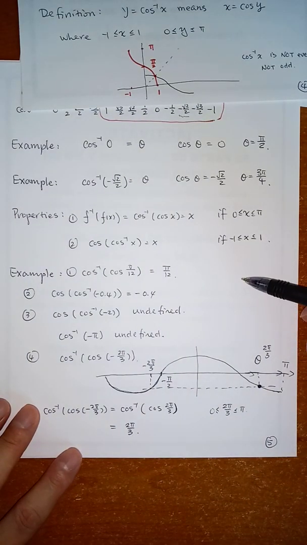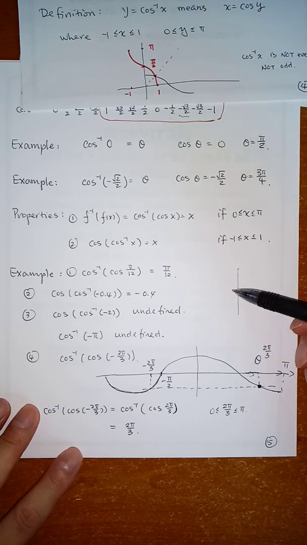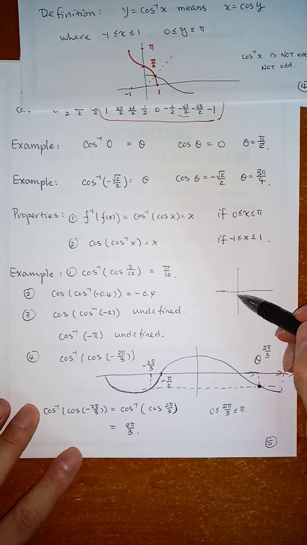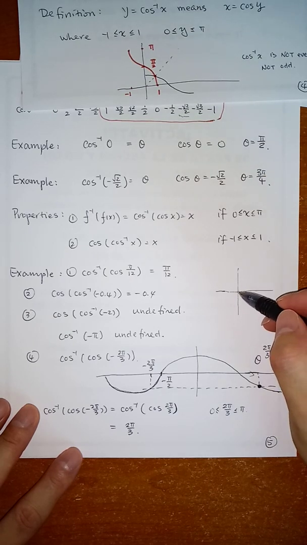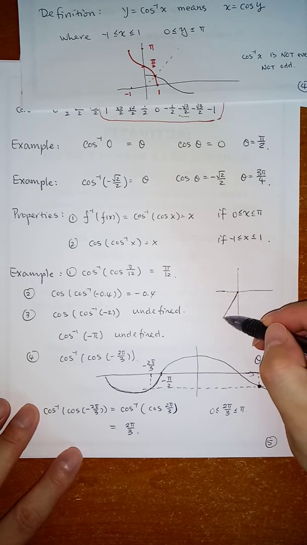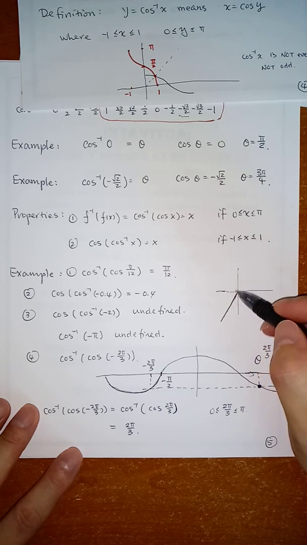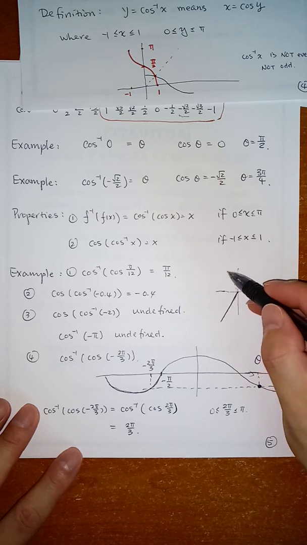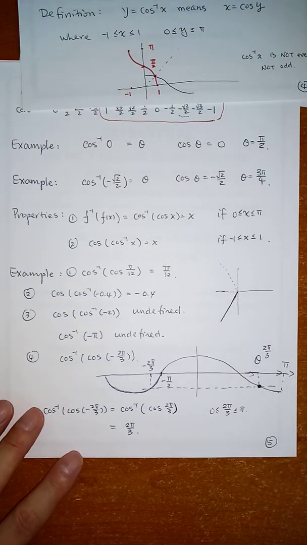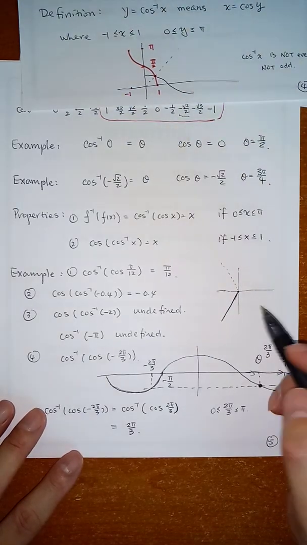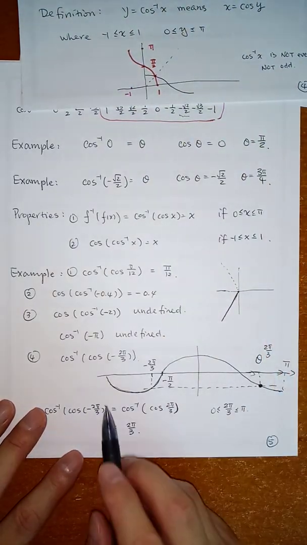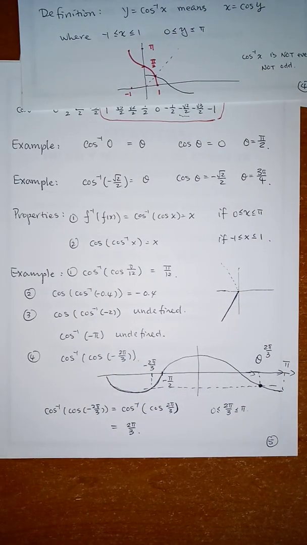You can also use the reference angle to compute. But here the reference angle is possibly not the best way, because we can just use the even function property to quickly kill this negative sign.